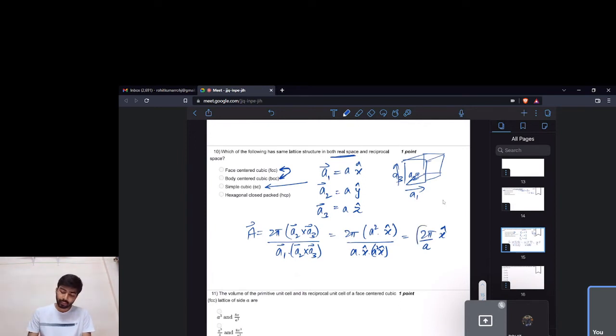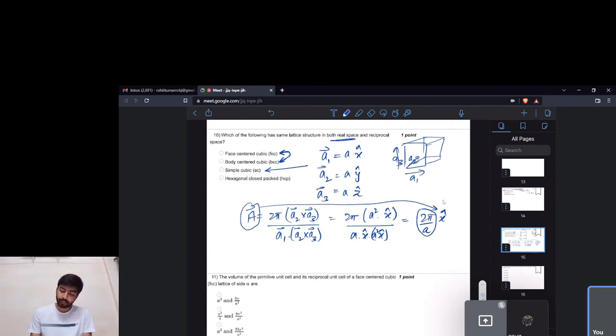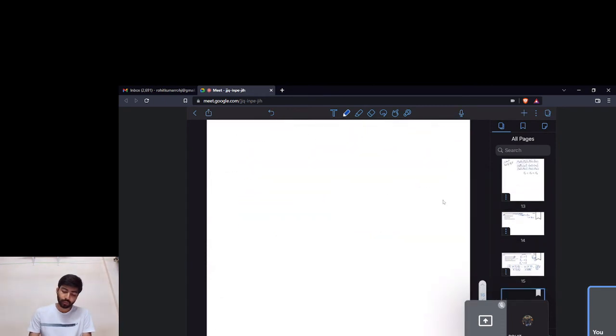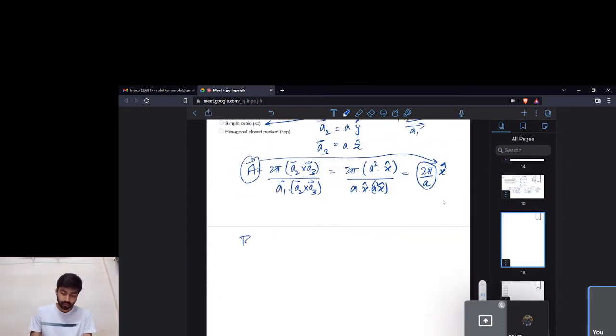So this is a scalar quantity, and since the reciprocal vector is directly in the direction of x, we can extend this exercise to b reciprocal vector, which is a3 cross a1 over a1 dot a2 cross a3.